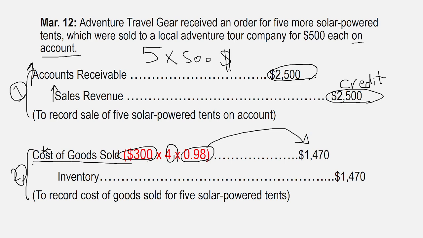So cost of goods sold increases, and unlike revenue, an increase in cost is considered a debit. Also, we take from the inventory and sell it to the final customer, so a decrease in inventory is considered a credit by the same amount, 1,470, because we are in the double entry procedure.